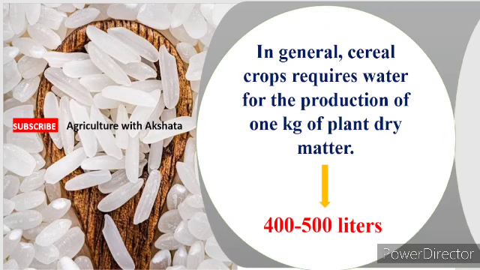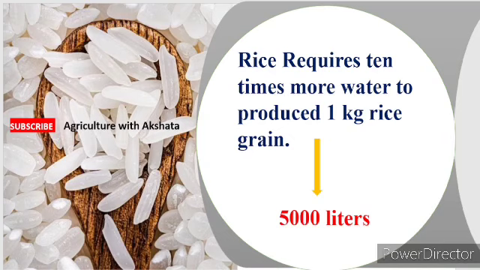In general, cereals require 400 to 500 liters of water for the production of 1 kg of dry matter, whereas rice requires 10 times more water to produce 1 kg of rice grain, that is around 5,000 liters of water.